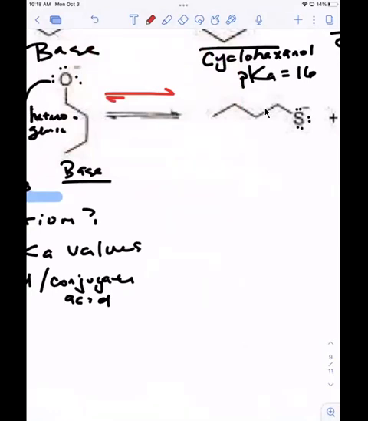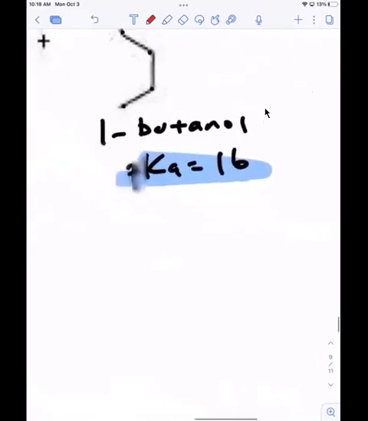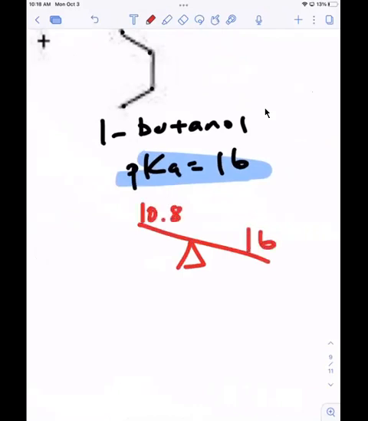And we're going to talk more. I'm going to try to flesh that out with this example. All right. So what does that mean? So this is the weaker acid. It has a higher pKa. So if it's on a fulcrum, this is 16 and this is 10, I'm going to say 10 and round it up to 10.8.